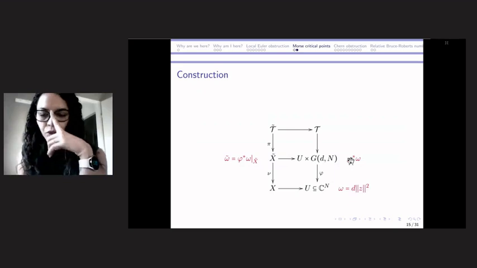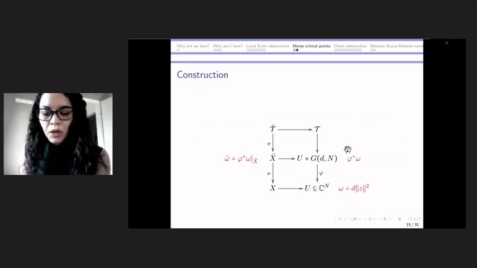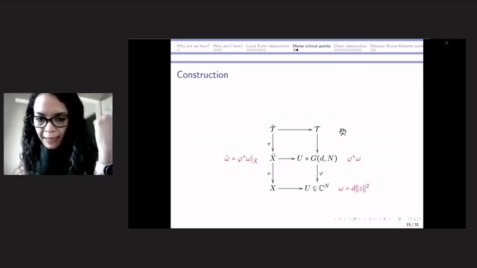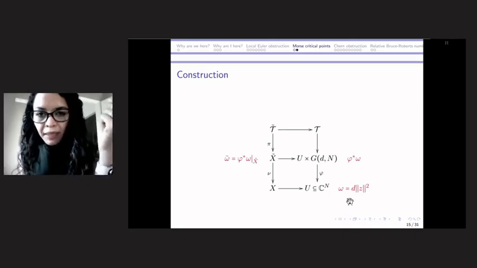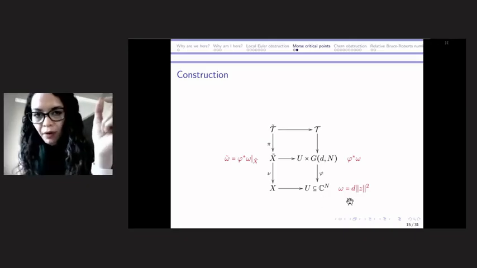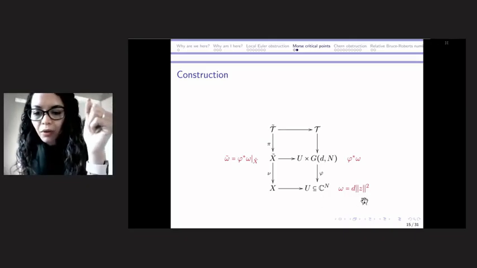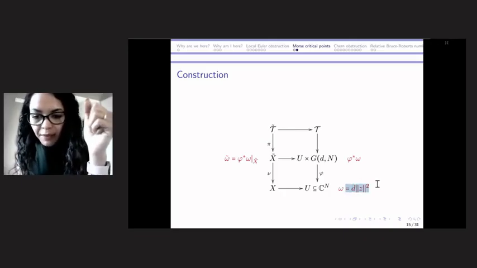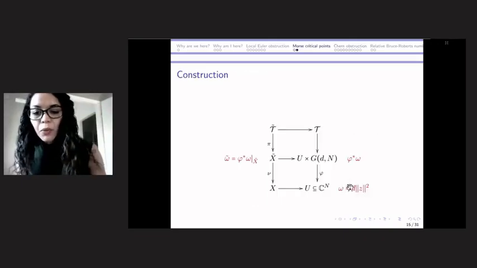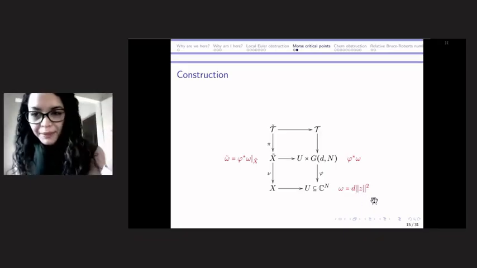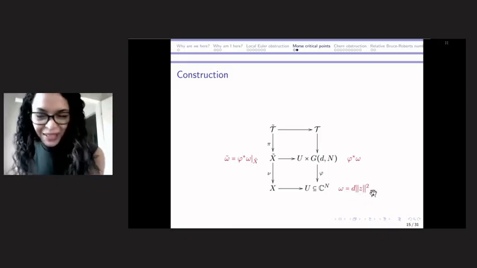This construction that I showed you for the local obstruction and for the obstruction of a function can be done for any one differential form. I showed you with the distance function, the norm of z squared, and the differential of a function, the gradient, using the gradient, right?